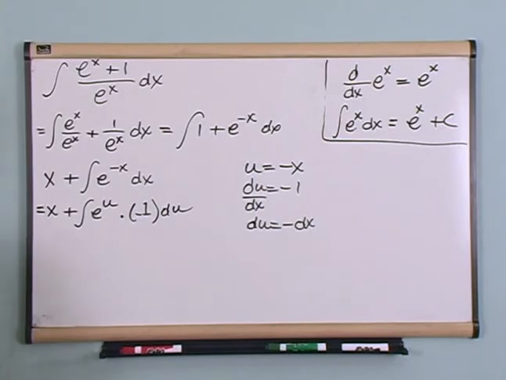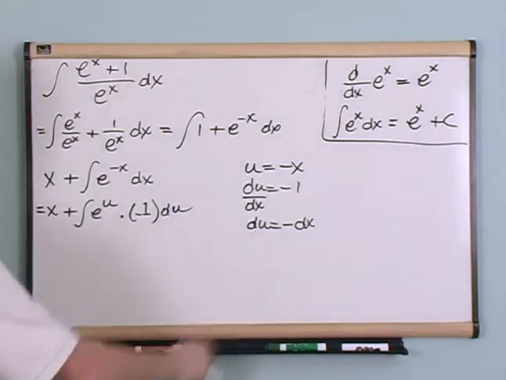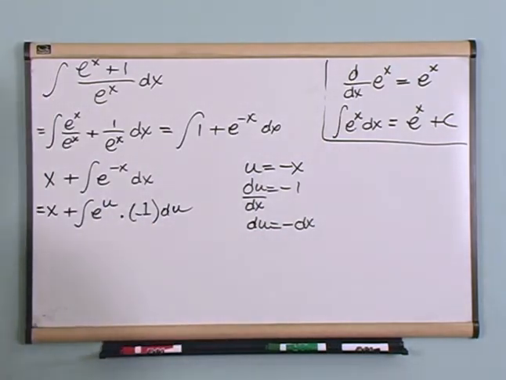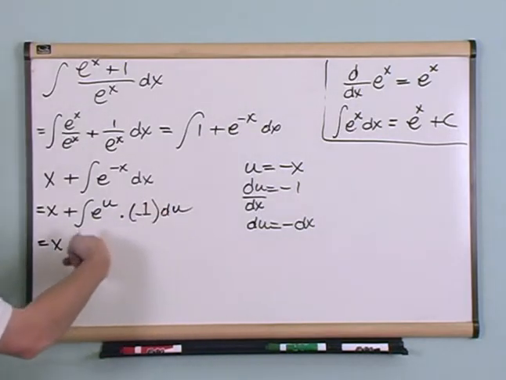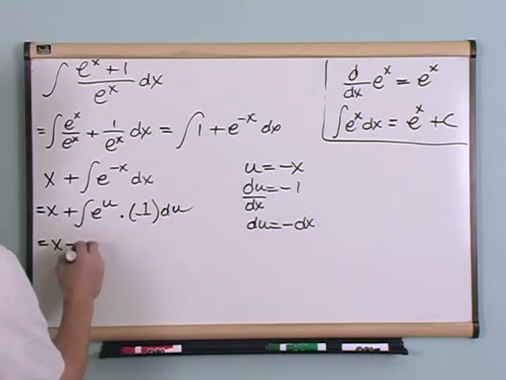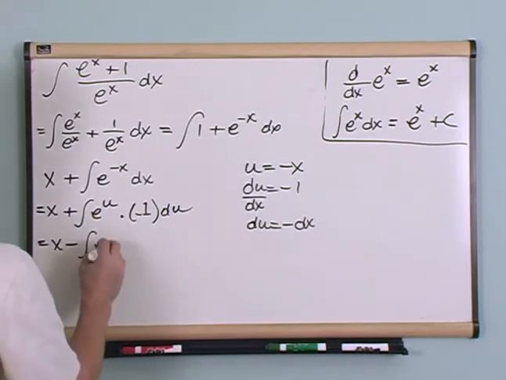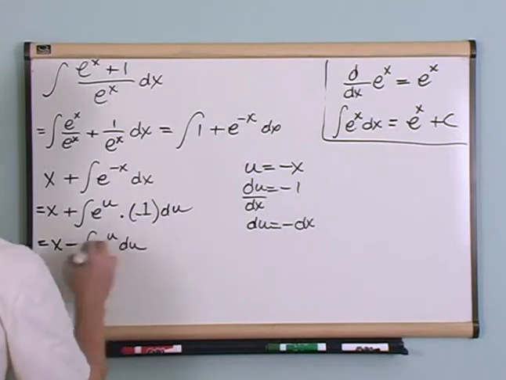Dx is negative 1 times du from this here. So then you'll have this negative 1, and I'm going to pull it outside the integral like you can pull any constant out. I'm just going to put a minus sign here. e to the u du.